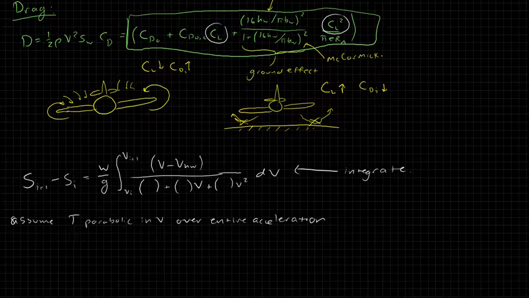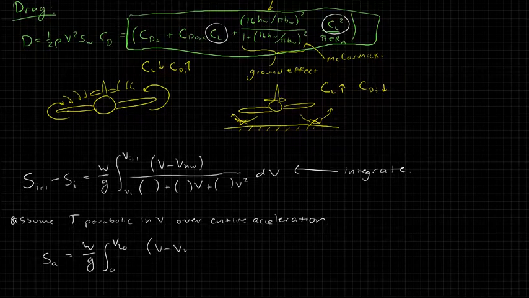And if we do that, then we can write that the acceleration distance is W over g, integrated from 0 to V_LO, where this is V liftoff, of (V minus V_HW) divided by, again, our coefficient, which I'm not going to work out here. It ends up getting kind of hairy. That's why I'm not including those coefficients here.